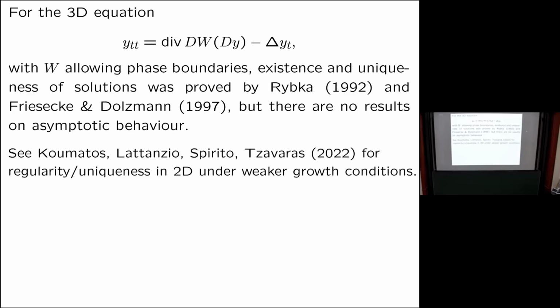There's some recent work of Komatos and co-workers on regularity and uniqueness in 2D under weaker growth conditions than are used by Ribke and Frieseker and Dulzmann. It's quite interesting. It gives the impression that it's actually a much harder equation than I imagined it was. Roughly speaking, you can see why it might be easy to solve.